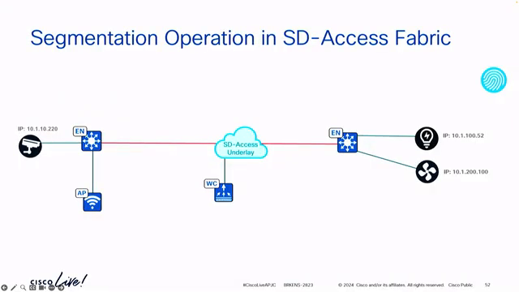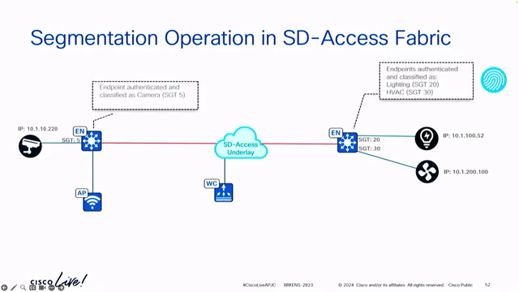And now, just like how I showed you in the non-fabric environment, the same thing happens in the fabric environment. We have authentication happening for the camera, it gets an SGT, and then we have Lighting and HVAC authenticate themselves, maybe with 802.1X or MAB, and they have an SGT available. We have SD-Access, which is enabled for propagation automatically. It is part of the workflow, so you don't have to do anything.